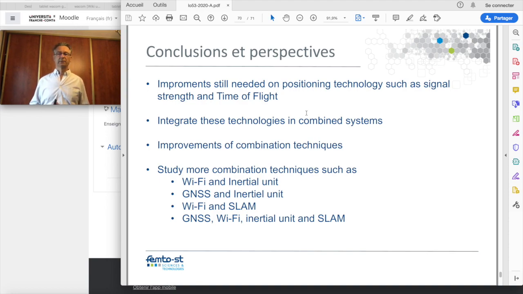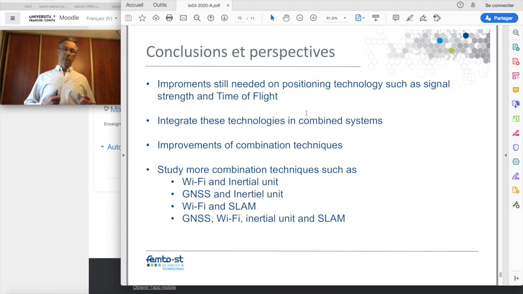We need to integrate these technologies in a combined system in order to have continuity of the positioning service, because we need a positioning service which works well inside and outside, and the users don't want to know how it's possible. They want a position at any time, and we don't care whether we are inside or outside. We need to deliver something which is accurate.